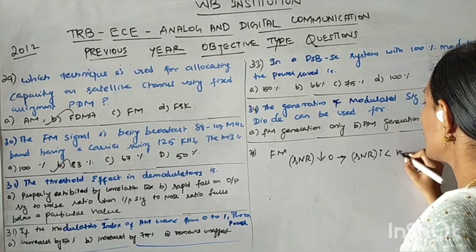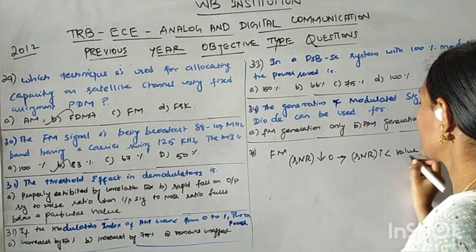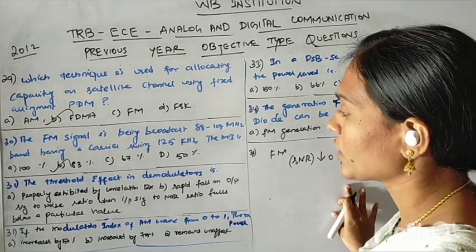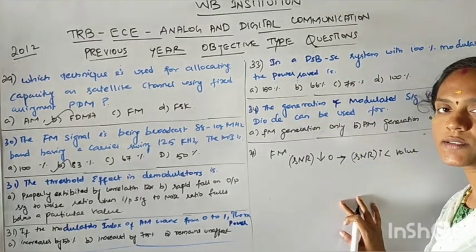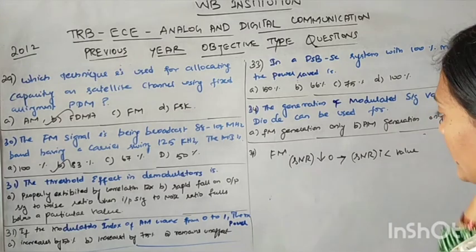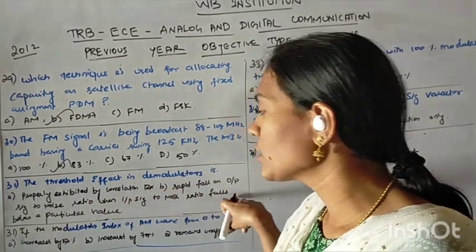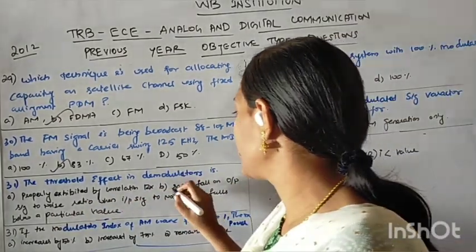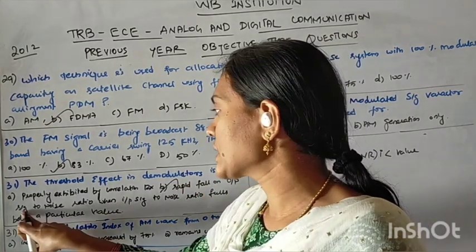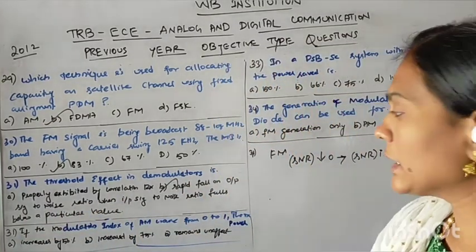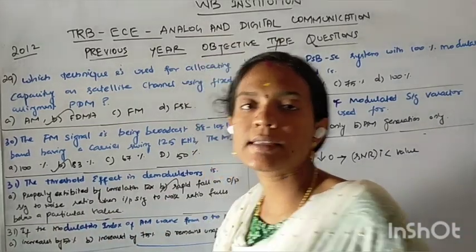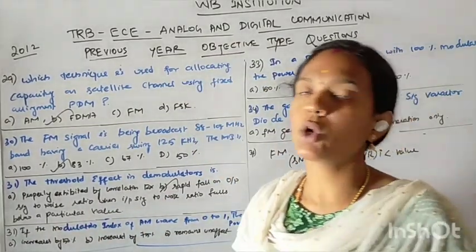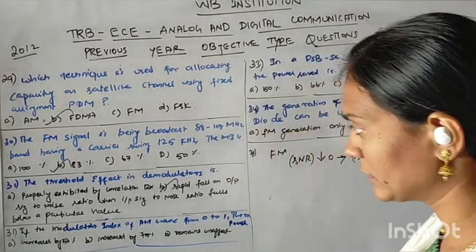So option B is the correct answer. To repeat: the output signal to noise ratio falls when the input signal to noise ratio falls below a particular value. This is the threshold effect in demodulators. Option B is the correct answer.